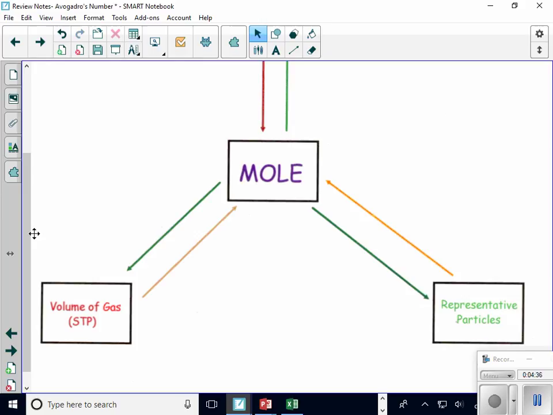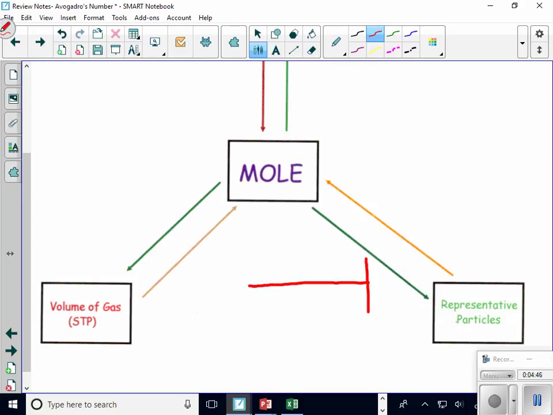Well, on our flux capacitor here, I'm going to set up a conversion box for this green arrow right here. The green arrow right there is going from moles to representative particles, so I'm heading that way. What I want to cancel is what I put on the bottom. So on my bottom is going to be 1 mole, and on the top is going to be Avogadro's number.